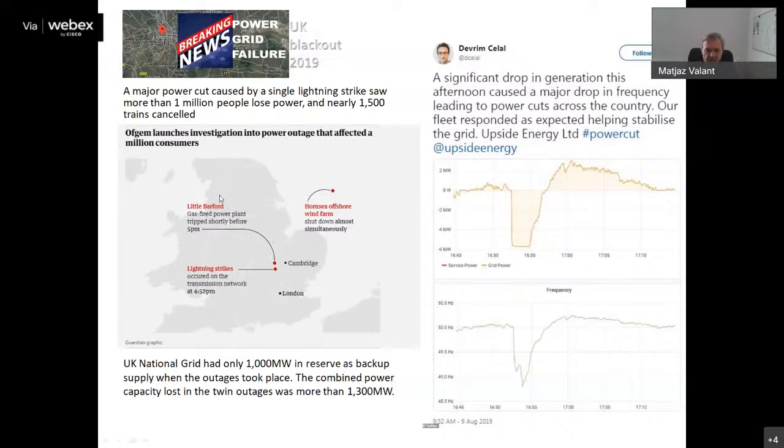It was a long blackout over a vast region of England, causing millions and millions of pounds of damage.